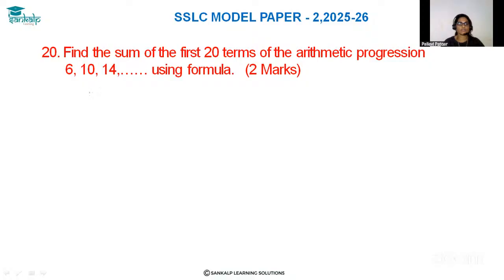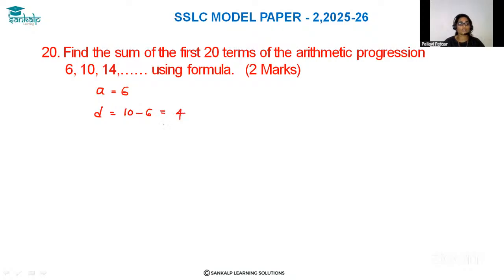So here the first term a is equal to 6. The common difference d means a2 minus a1, a3 minus a2. So here a2 minus a1 is 10 minus 6, which is equal to 4.